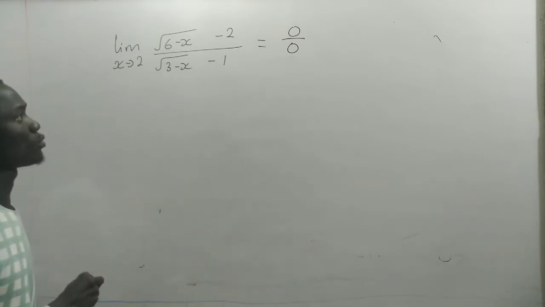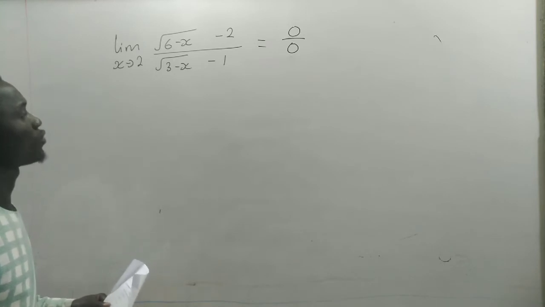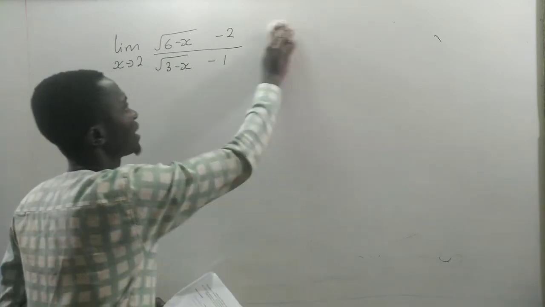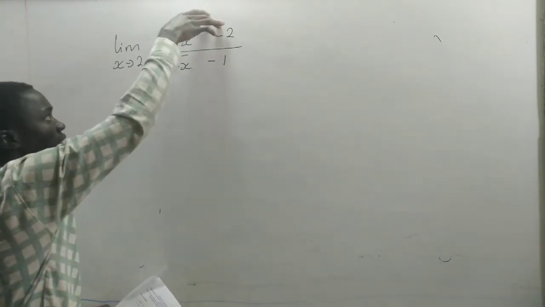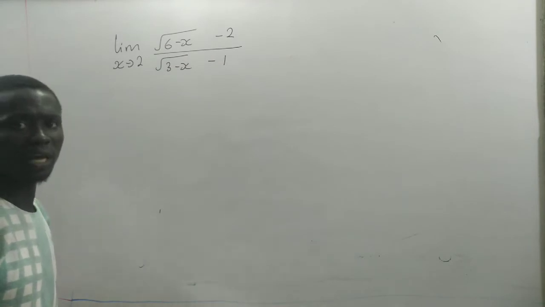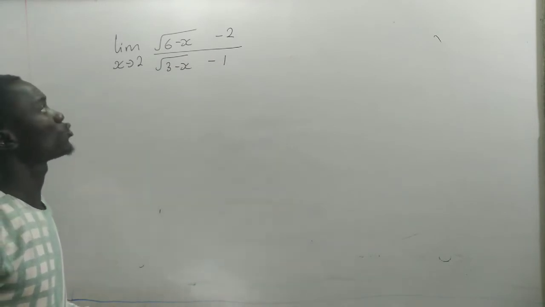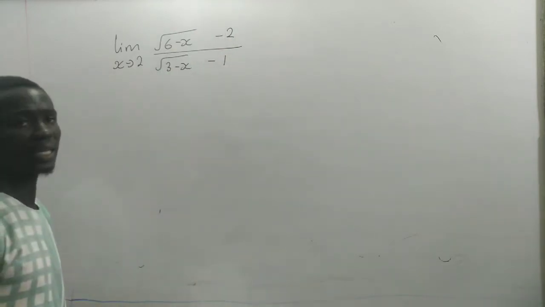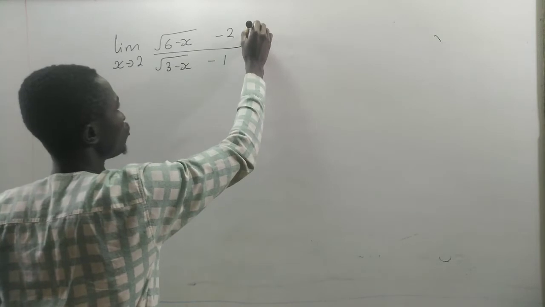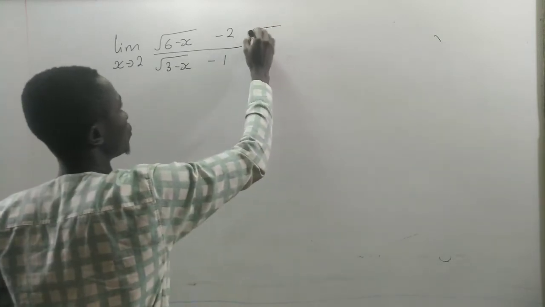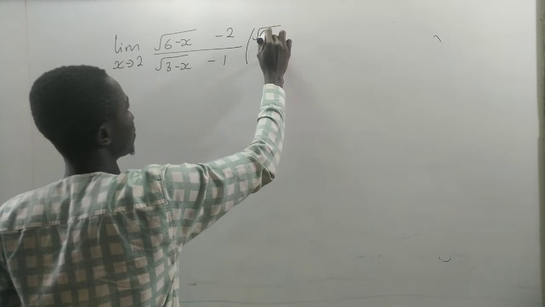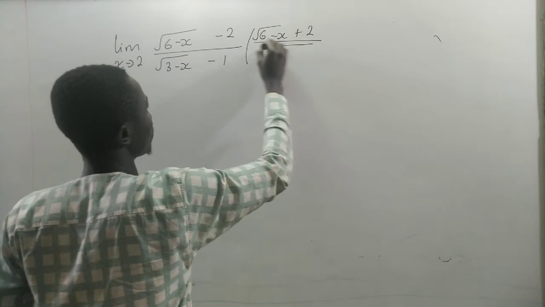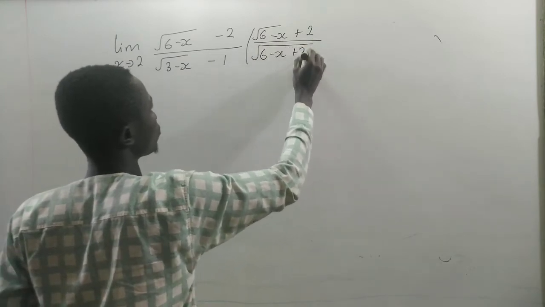So how do we figure that common factor that we will factorize out? Here it involves two radicals. We have a radical at the numerator and a radical at the denominator. So we have to rationalize the top and then the bottom, that is the numerator and the denominator. So here we will multiply them by root 6 minus x plus 2 divided by root 6 minus x plus 2.